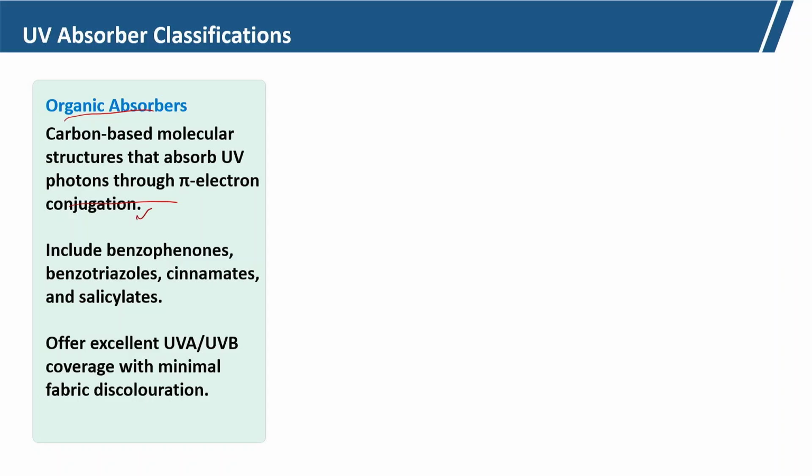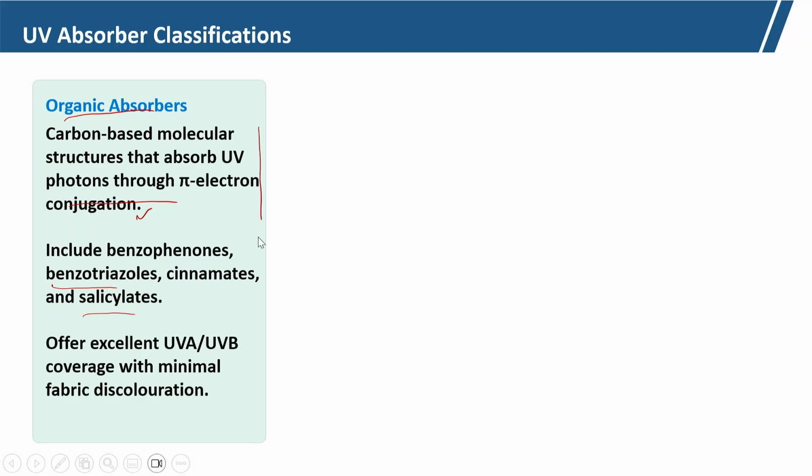So, carbon based molecular structures are used as UV absorbers, which include benzophenones, benzotriazoles, cinnamates, and salicylates.